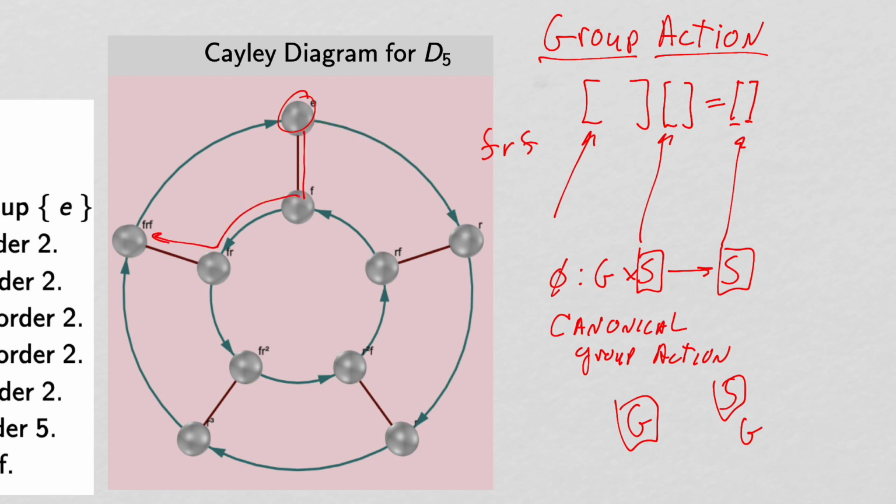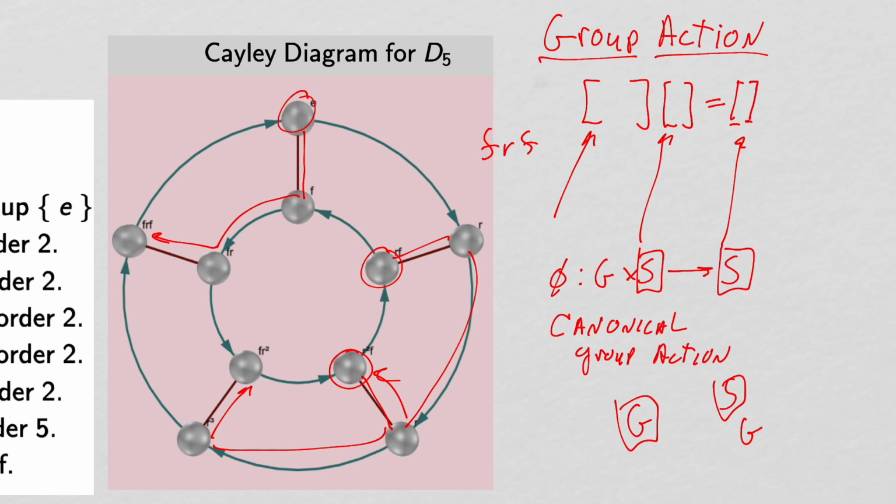FRF, and you land there. But I could also take this element and I could do FRF, and I land there. And every element is going to go to a different element of the group. No element's going to come back to itself as long as the group is acting on itself. So every element of the group basically drives a permutation of the group elements themselves. And that's an important concept.